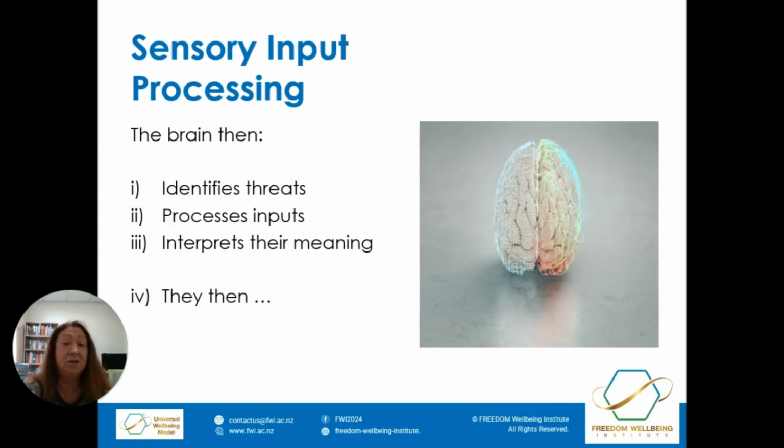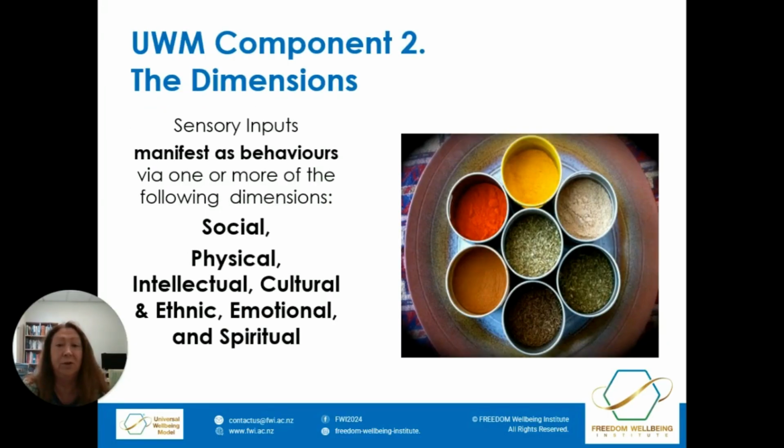And then the brain, just as in the case of the threat that I've presented, will also cause other behaviors to occur. So depending on the meaning and the interpretation the brain gives to different sensory inputs, it will then cause different behaviors to occur. So sensory inputs manifest as behaviors after the brain has processed them.